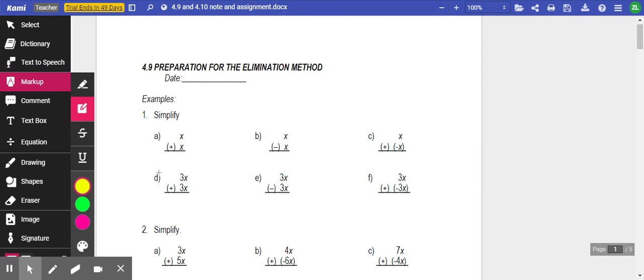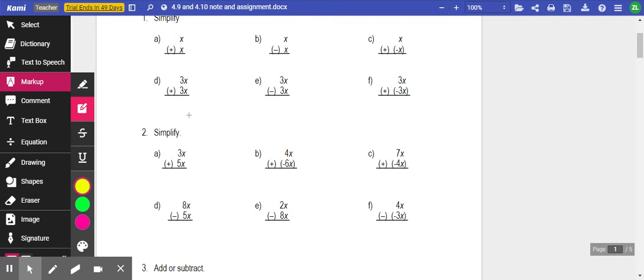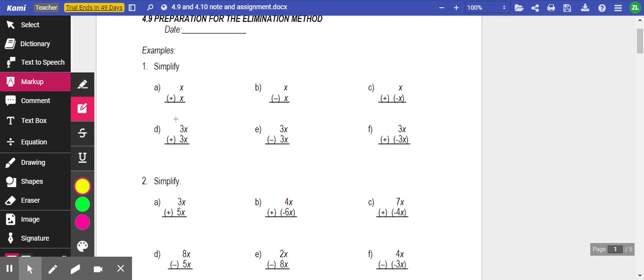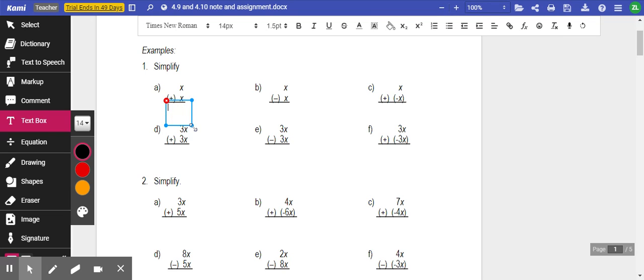So for the next lesson here, we're just going to go through things pretty slow, and then you'll see where we're at. So it says examples simplify. So simplify is just telling us to either add or subtract based on what we have. So the first one here just asks x plus x.